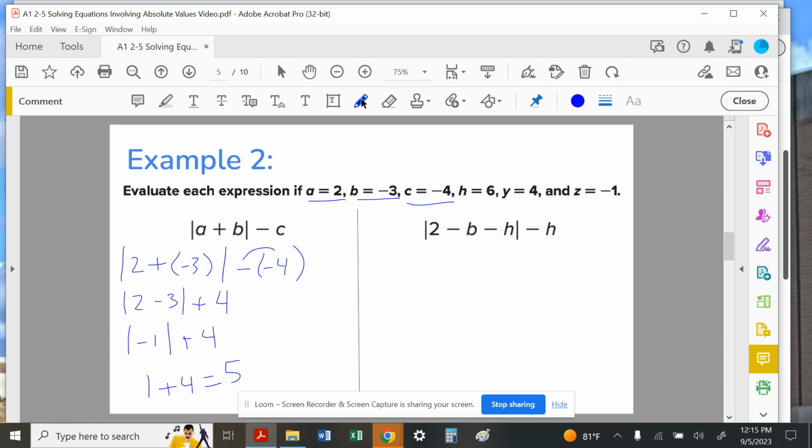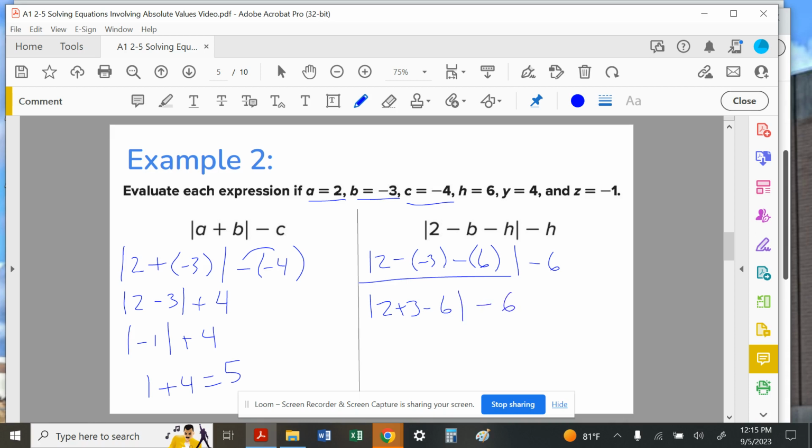And then over on this end, now we have the absolute value of 2 minus a negative 3, because that's b, minus 6 on the outside. We're going to take care of the parentheses first. So we've got 2 minus a minus 3, so that's 2 plus 3, minus 6 on the outside.